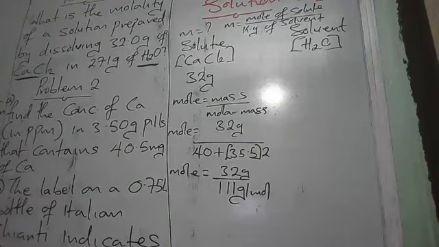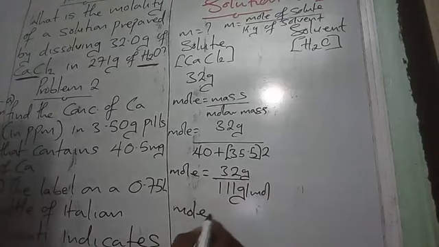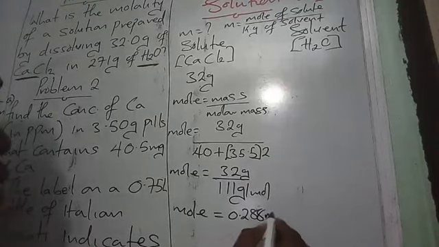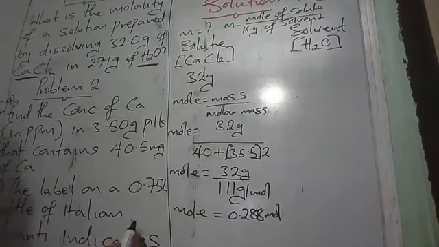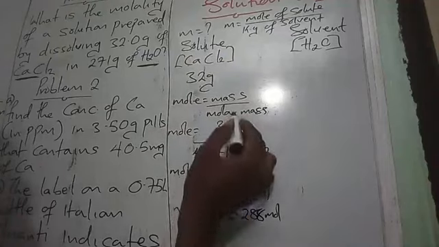So when we divide that value, let's put it into our calculator. We should be having 0.288 mole. So our mole is equal to 0.288 mole. So that's the number of moles of our solute. They gave us 32 grams, we converted it to mole by using this formula, mass over molar mass.